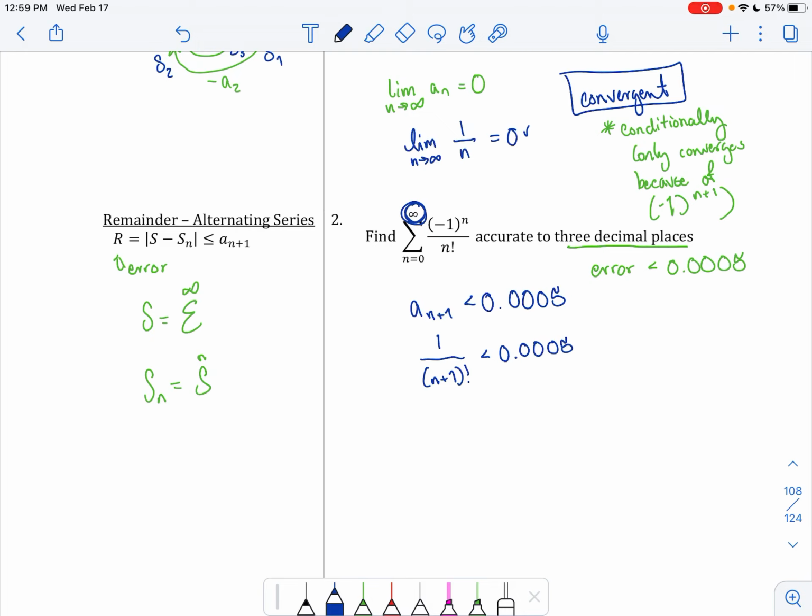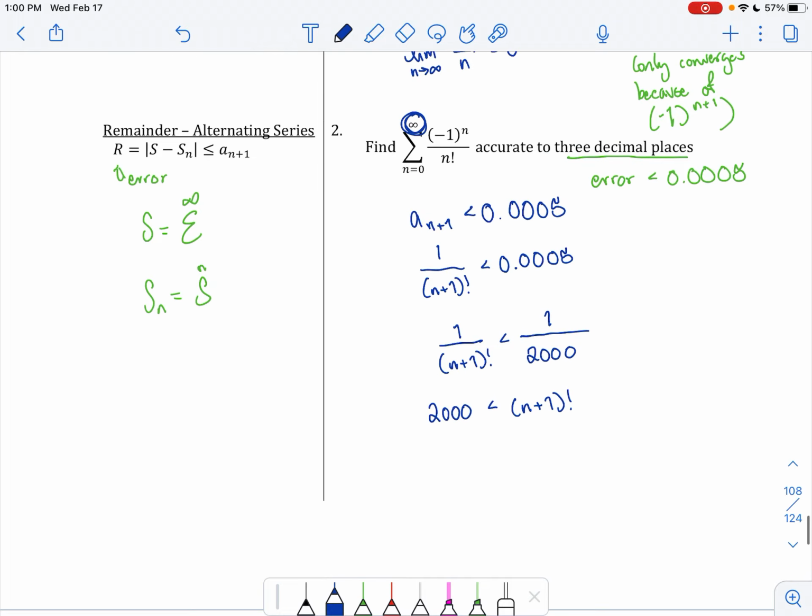What I often find helpful is to write both sides as a fraction and then cross multiply. So this is 5 over 10,000, which is the same as 1 over 2,000. So when I cross multiply, we just have to know that 2,000 is less than, not less than or equal to, less than n plus 1 factorial.